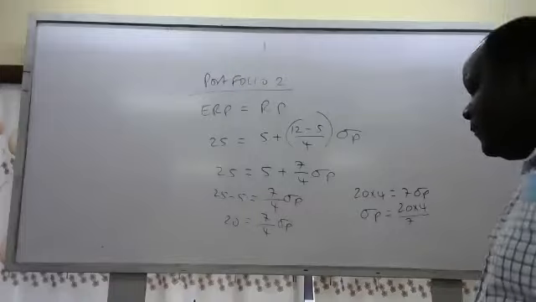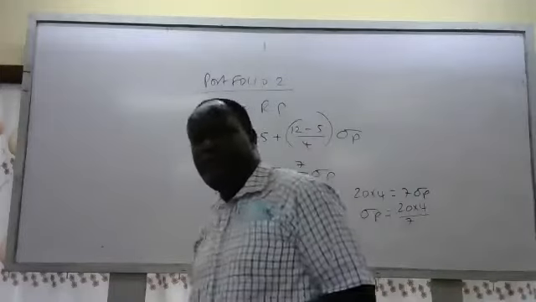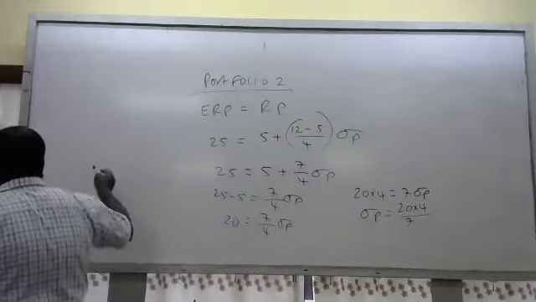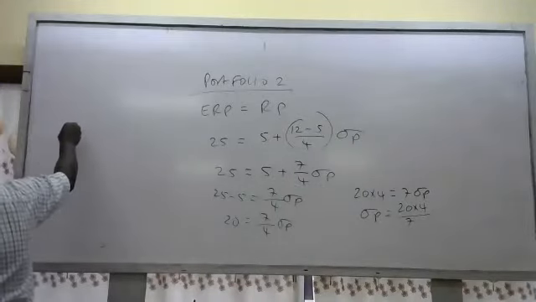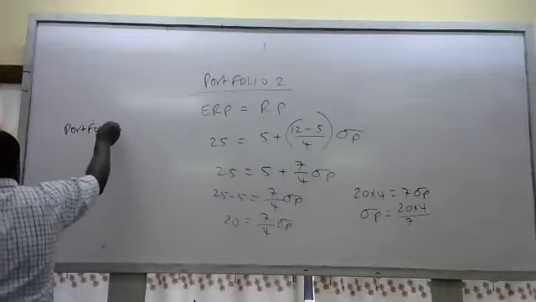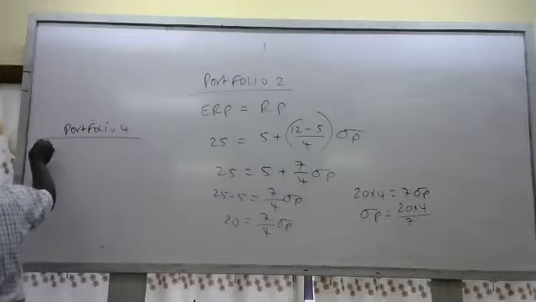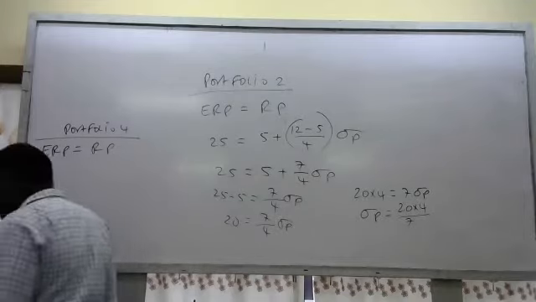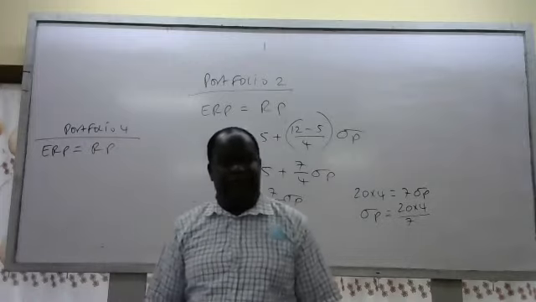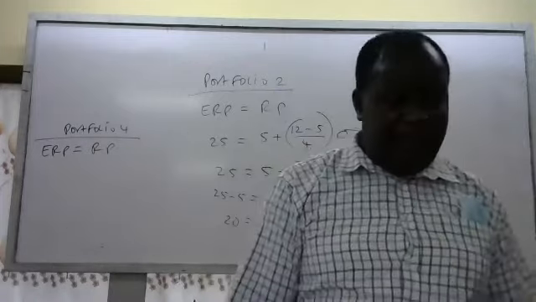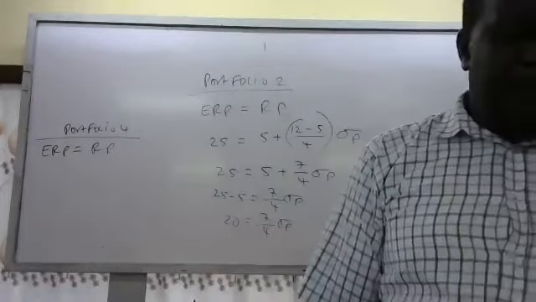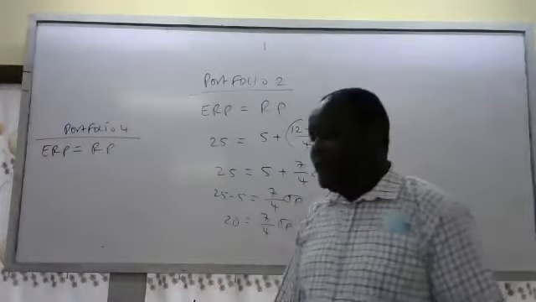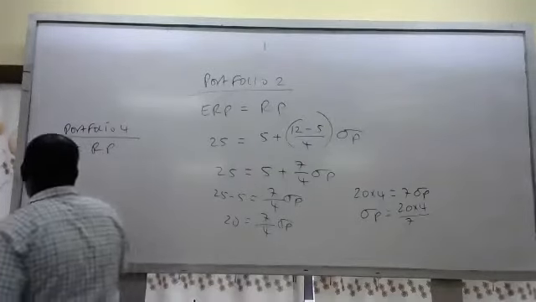So the other one was portfolio 4. So we do the same for portfolio 4, where we say the expected return for the portfolio must be the same as the return for the portfolio. So the expected return for that portfolio, was it 8 or, sorry, it was 32, isn't it? Yes, so it should be 32.